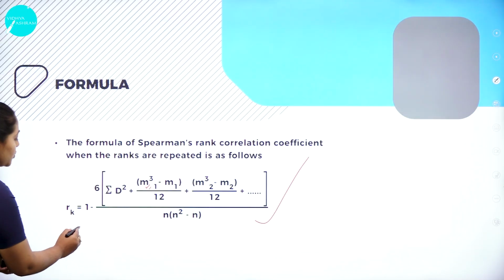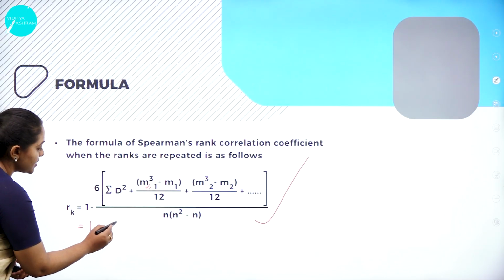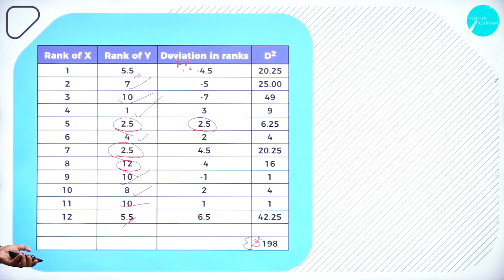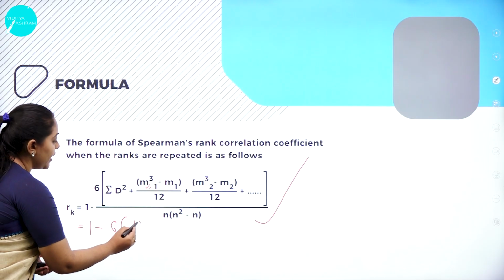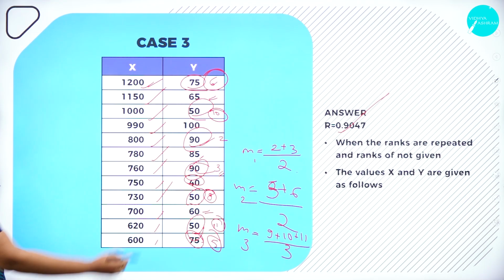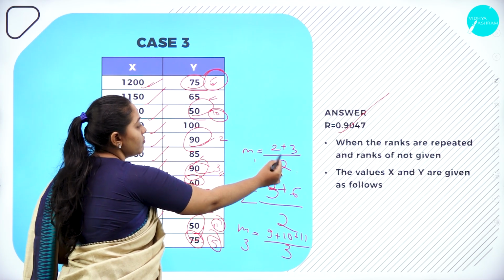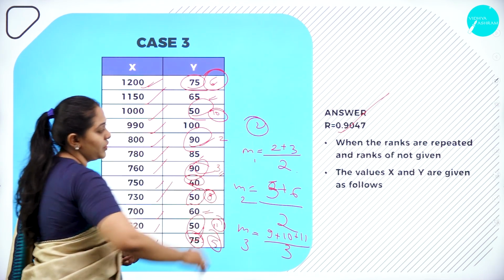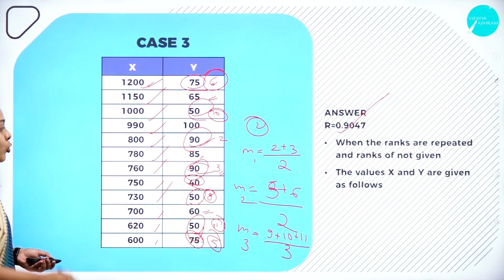Substituting these values, 1 minus 6 times, what is sigma d square? 198, plus what is your m1? M1 is 2, since a number is repeated 2 times.